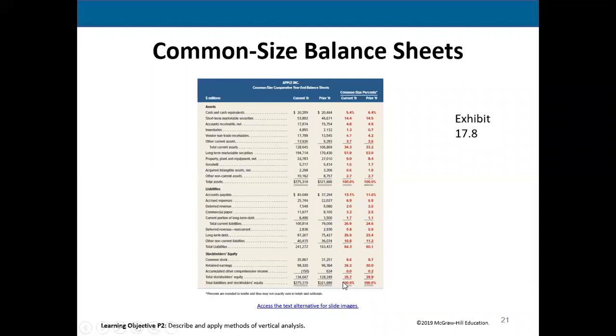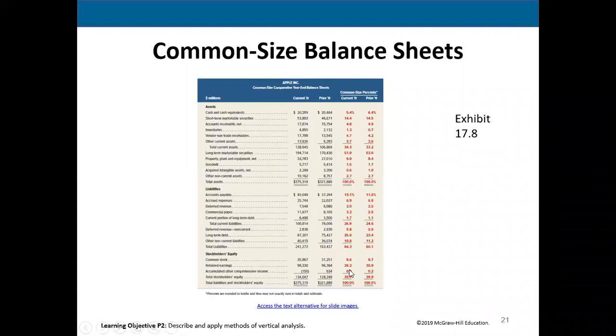They own in stockholders' equity 35.7% of them. And it breaks down the percentage. Or you can say of liabilities and stockholders' equity, 64.3% are liabilities, 35.7% are stockholders' equity.